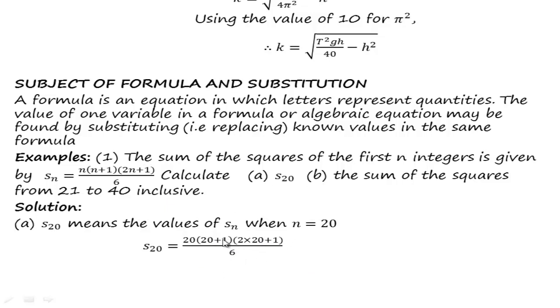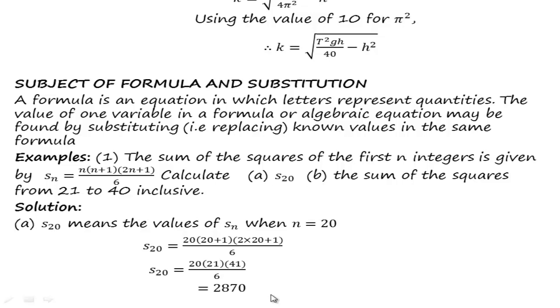Adding this, 20 plus 1 is 21, and 40 plus 1 is 41. So it is now 20 times 21 times 41 divided by 6. Your answer is going to be 2870. That is S20. That is the answer for A.